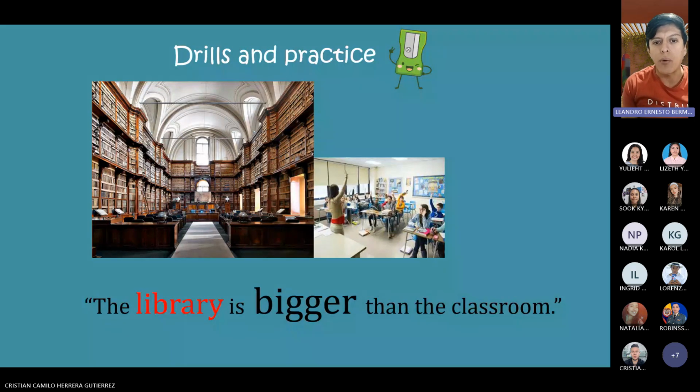For example, bigger. Listen, the library is bigger than the classroom. Now repeat after me. The library is bigger than the classroom. Okay, great.